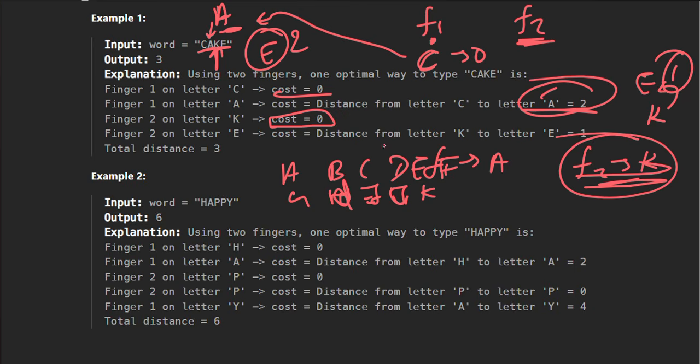So it is easier for us to shift our second finger, and the cost will be 1. So the total distance that we have moved is 3, right? Sorry, not 4, 3. 2 plus 1, 3. So 3 is our answer.